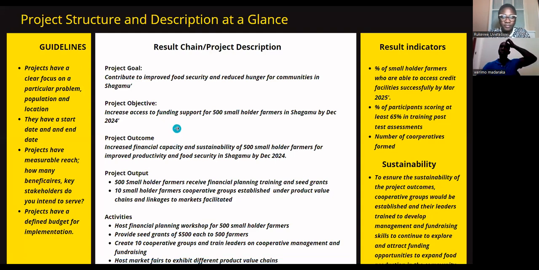I think my number one challenge, after Coach Ruki's video on theory of change and log frame, is that I have a challenge with my pathway right now.